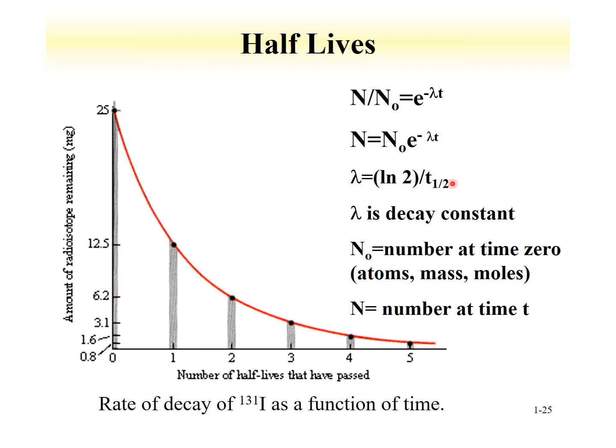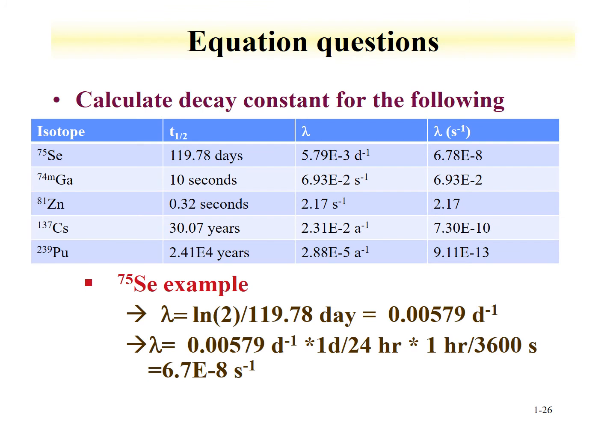Lambda, the decay constant, is just equal to ln 2, the natural log of 2, divided by the half-life. Now, if this time is in seconds, your half-life needs to be in seconds. If this time is in minutes, your half-life needs to be in minutes. In this first-order decay, this half-life term is fundamental in radioactive decay. Again, this is an equation that we will see frequently in the course.